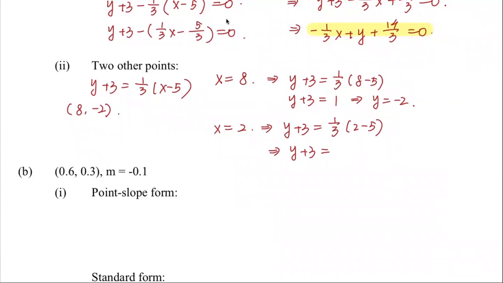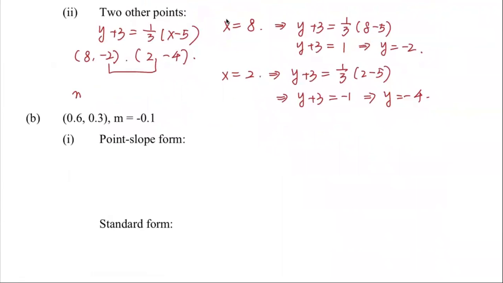Minus 3 times 1 over 3, that's minus 1. So this means y is equal to minus 4. This means 2, minus 4 theoretically should be on the straight line as well, right? So now we can use these 2 points to find the slope, right?